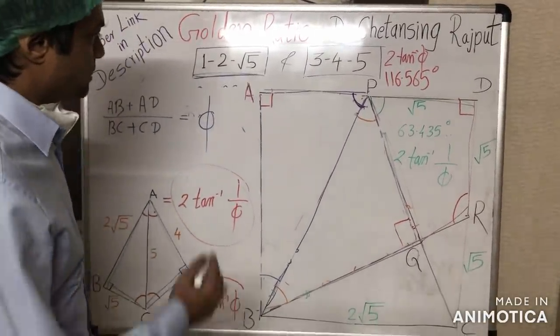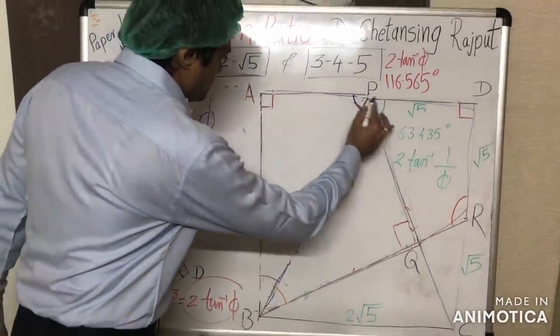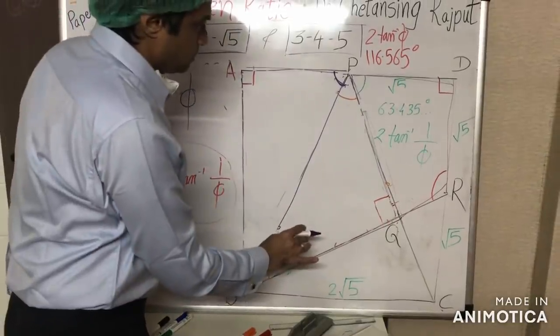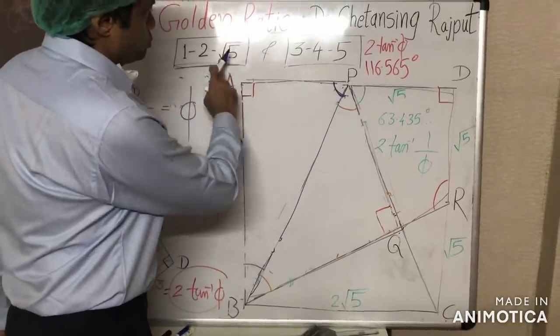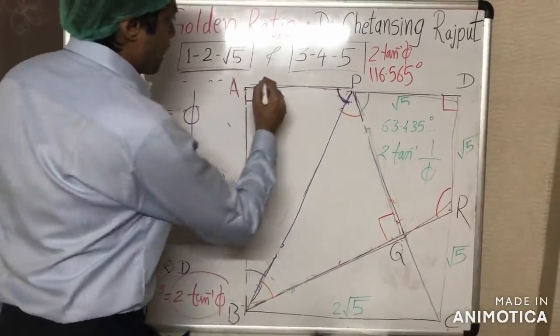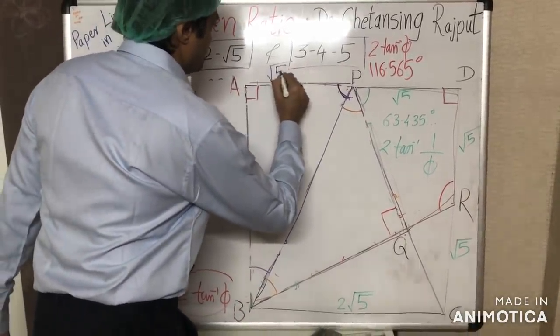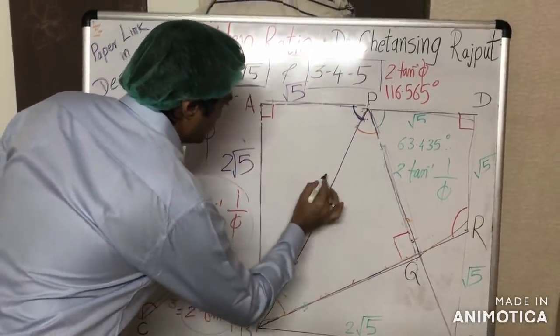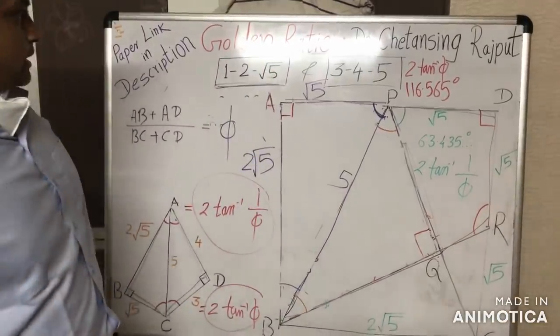Consider this quadrilateral APQB. This quadrilateral is composed of these two triangles. Triangle APB is the 1, 2, root 5 triangle.